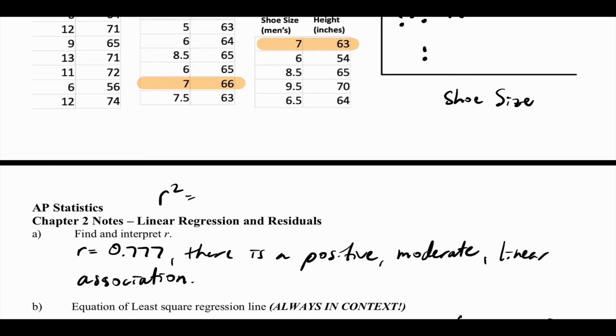So R squared for this guy, do it again. Squared, it's actually going to get smaller. Yeah, it'll get smaller. 0.60. So 0.60, like that, which is about 60%.